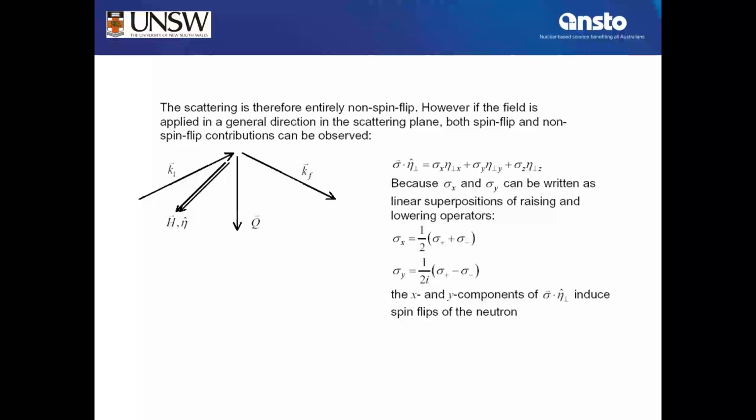However, if the field is in a general direction, or in the ideal case parallel to Q, we get spin flip. So for a ferromagnet, we get actually both components, spin flip and non-spin flip. And now we should choose an ideal experimental arrangement so that we mostly see the spin flip configuration.